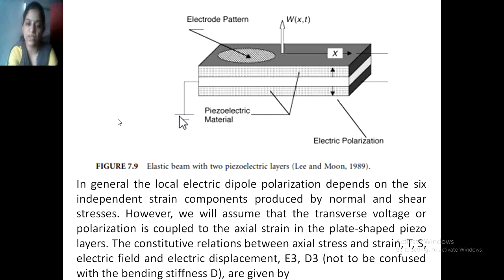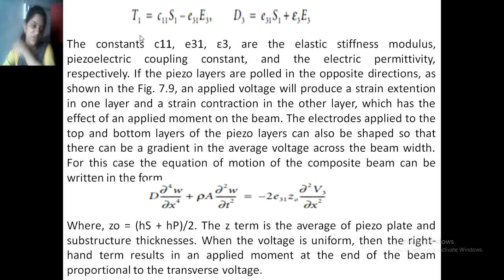So the constitutive relations between axial stress and strain, that is T1, S1, electric field E3 and electric displacement D3 are given by the equation T1 is equal to C11 S1 minus e31 E3, and displacement D3 is equal to e31 S1 plus epsilon 3 E3. The constants C11, e31, epsilon 3 are the elastic stiffness modulus, piezoelectric coupling constant and the electric permittivity respectively.